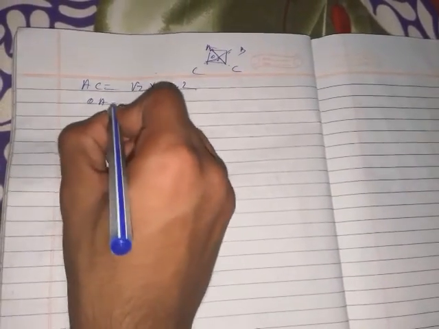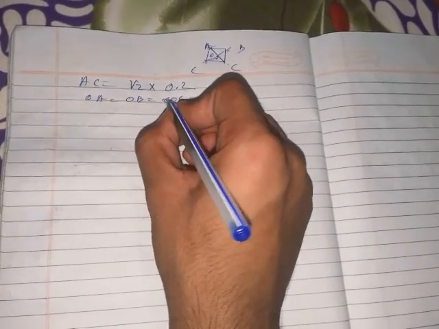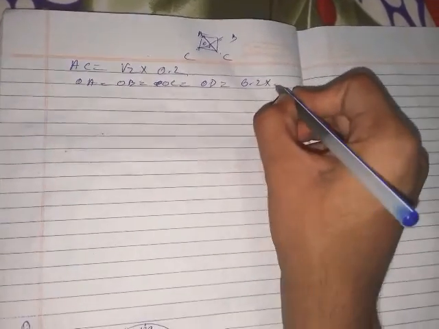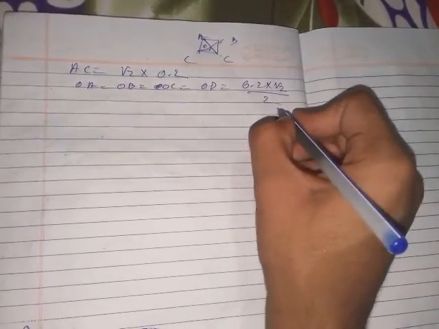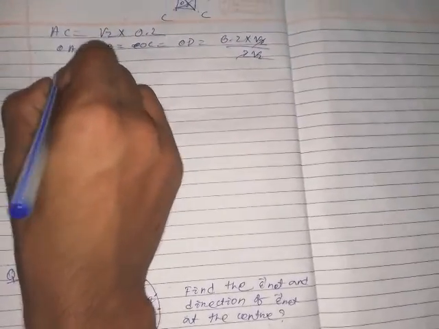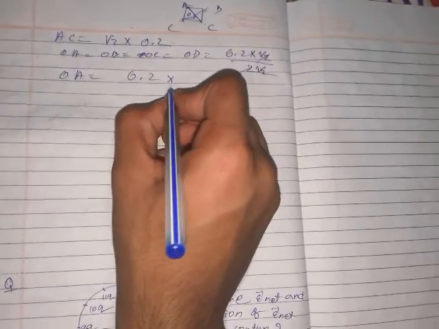Then OA is equal to OB is equal to OC is equal to OD is equal to 0.2 into root 2 divided by 2. Root 2 cancels root 2, so we get OA is equal to 0.2 divided by root 2.